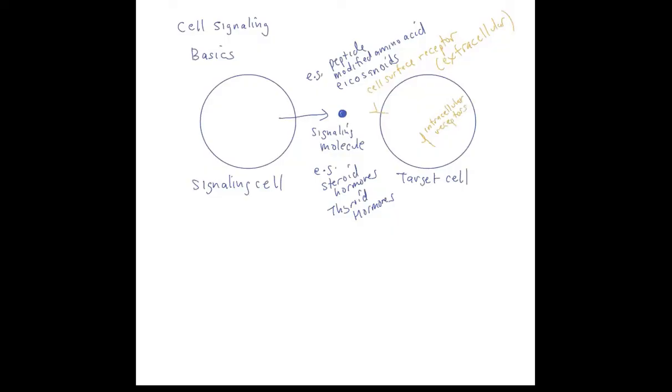And actually, depending on what kind of receptor it is, it may be located in the cytosol and then go into the nucleus, or it could already be in the nucleus. But in either case, the receptor is on the inside of the cell. And so these signaling molecules would go into the cell and activate their receptor on the inside.